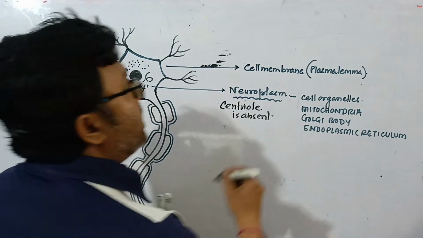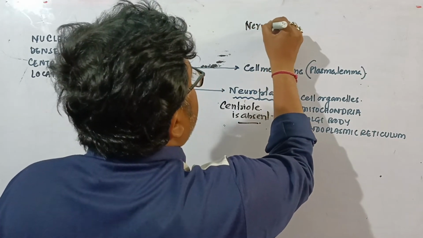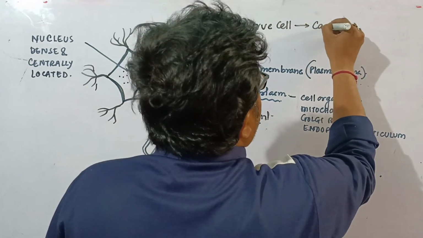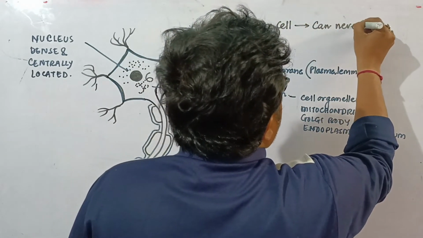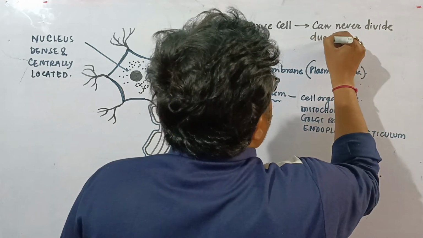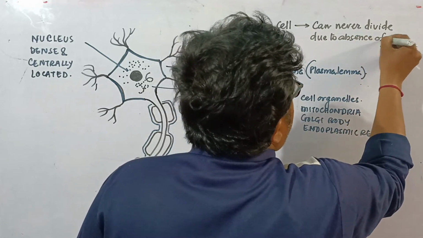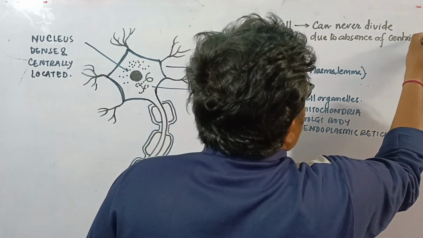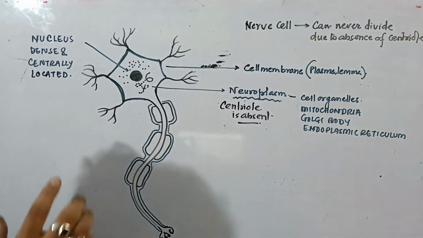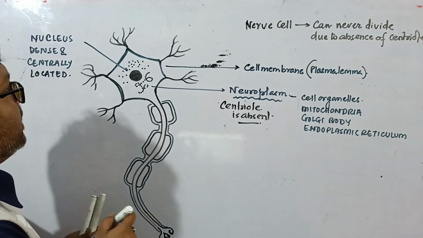So centriole is absent, so a neuron or a nerve cell can never divide due to absence of centriole. So centriole is generally absent in a neuron. You should remember this thing.